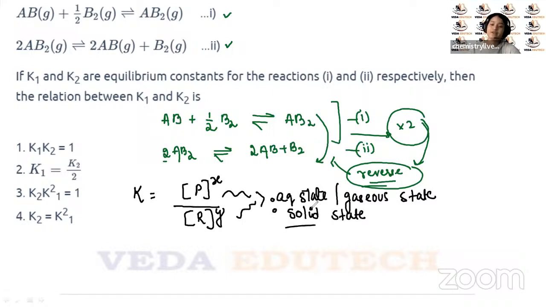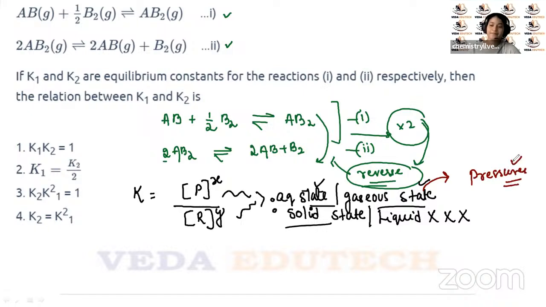The state that we ignore is the solid state. We take aqueous or gaseous, and we ignore solid or liquid state. In case of gaseous state, we take pressures as well, mostly.